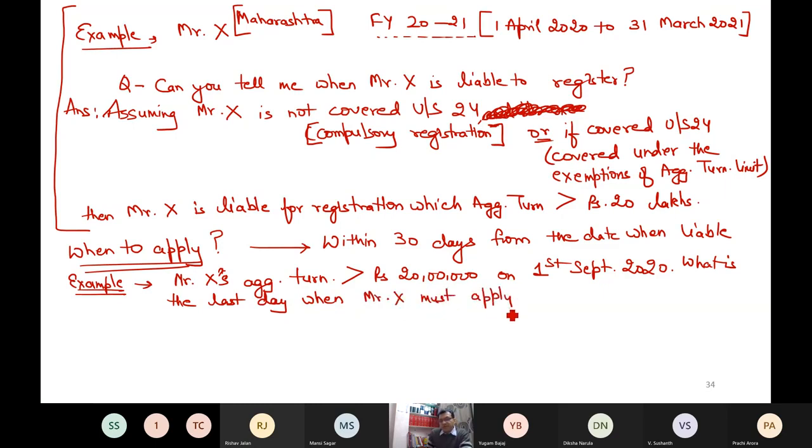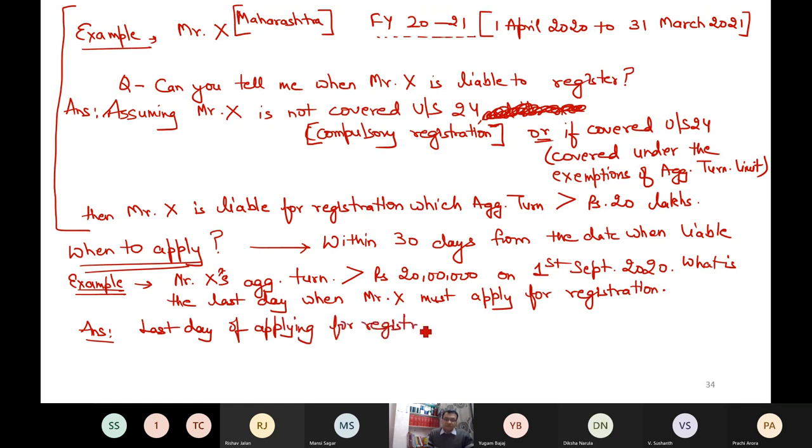Can anyone tell me the answer? Think and tell. It says within 30 days from the date when the person is liable. So what is the answer? What is the last day of applying for registration as per the provisions?